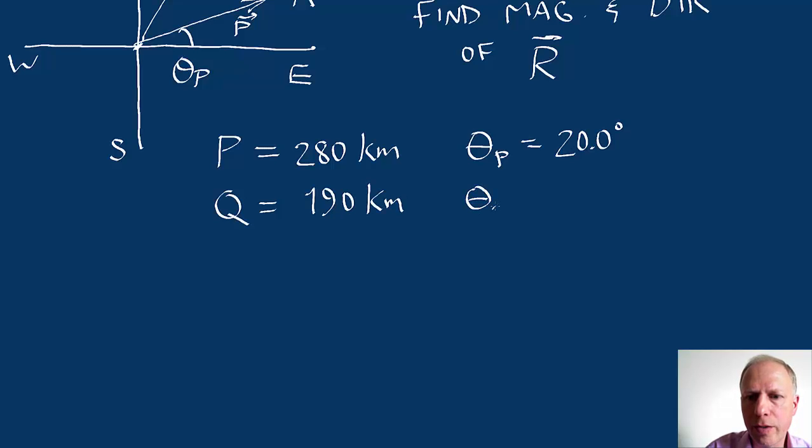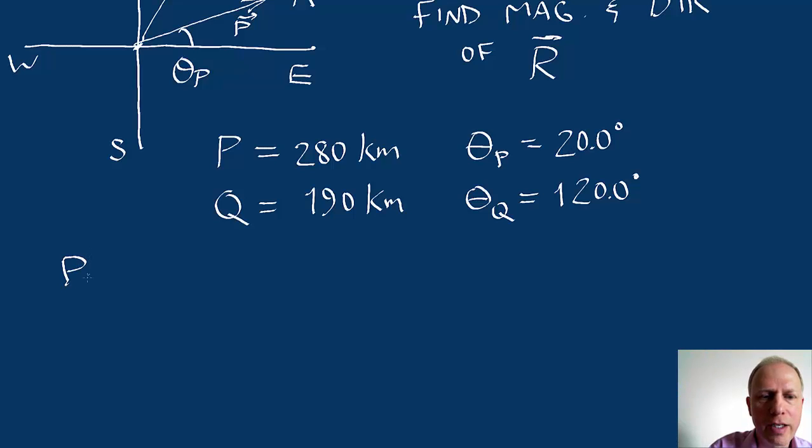The direction angle of Q, as we just discussed, is 120 degrees. Now I need to find the components of P and the components of Q in order to add those vectors together. And because we have the direction angles expressed in terms of an angle from the plus x axis, we can use our standard formula for finding the x and y components of vectors.